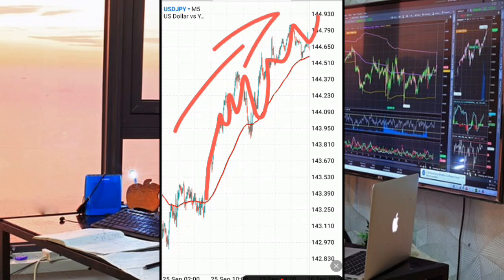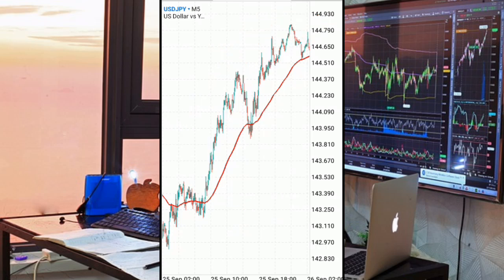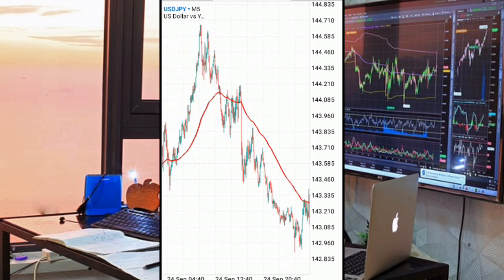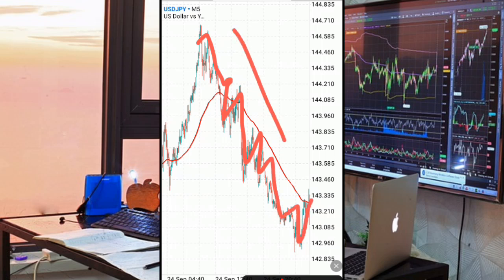So price is going up, and if it's an uptrend, we said we look for buy entries. And then for a sell trade, this one, price is going down. So you can see price is going down. This is what we call a downtrend, and this is where we place our sell entries.